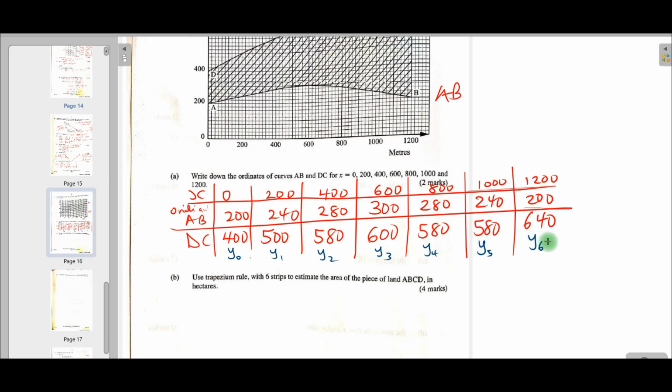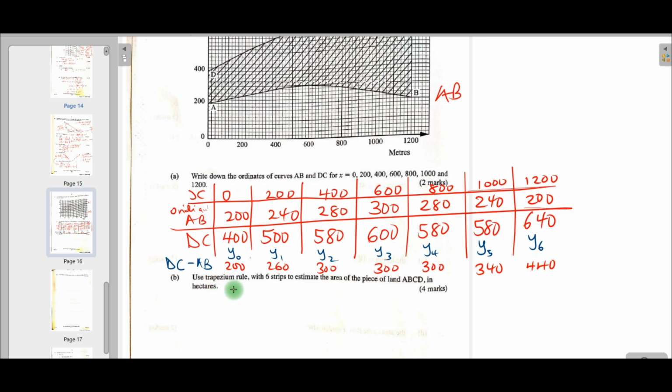For those strips, we get the difference of the ordinates of the curve DC minus AB. If we subtract, that is 400 minus 200, we get 200. The other one we subtract, we get 260. 580 minus 280, we get 300. The other one will be 300. The other one again will be 300. The other one will be 340. And lastly, we shall have 440.